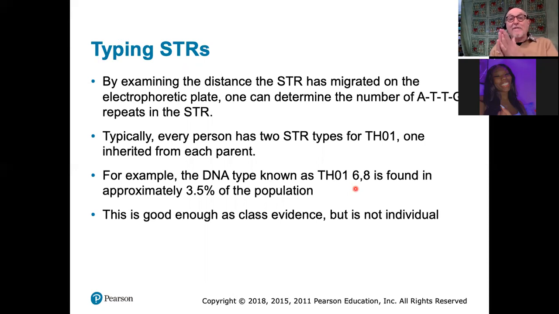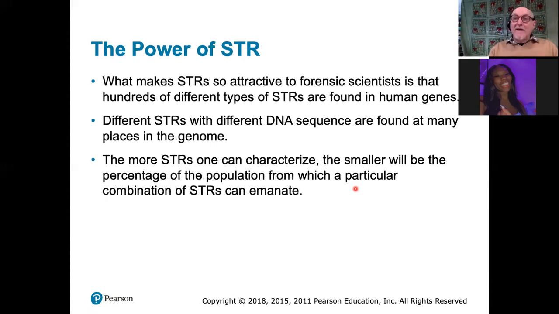Okay, only 3.5%. Well, that's not enough for individual, right? It's not enough for individual characterization, but we run this for many sites. There are many of these sites on the genome, and as I've told you, the FBI has identified 20 different sites.